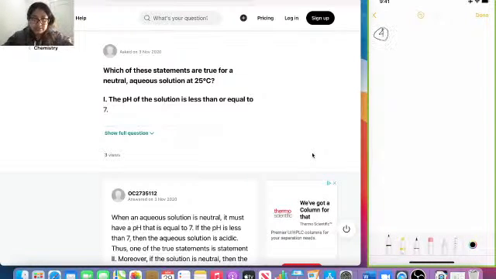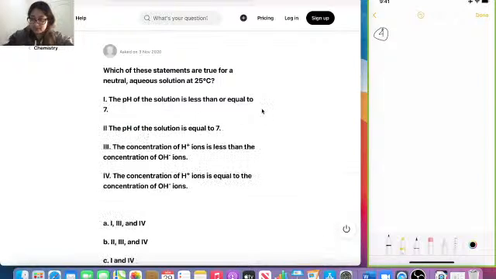Number 4. It says, which of these statements are true for a neutral aqueous solution at 25 degrees Celsius? Okay, so in order to find the correct statements, we need to first address what a neutral aqueous solution is.